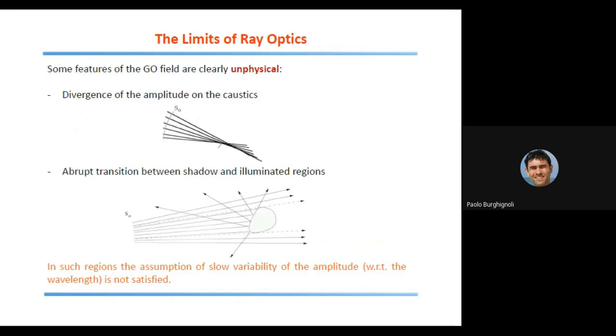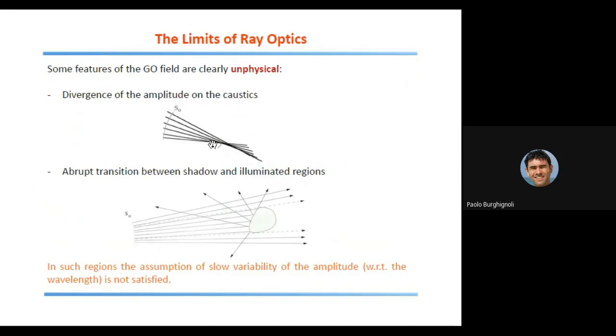To finish, ray optics is, of course, an approximate theory. It is an asymptotic theory which loses validity in some regions of space, as I have already mentioned. For example, along the caustic, or even worse, in the neighborhood of a focus, because of the divergence that it predicts, which is non-physical.